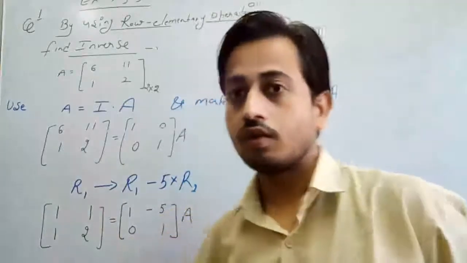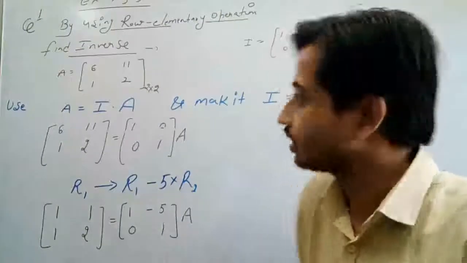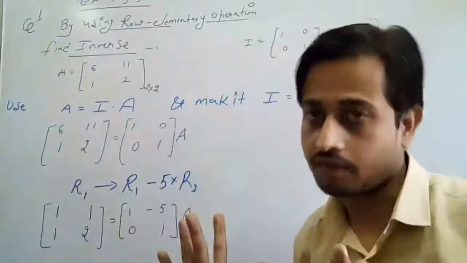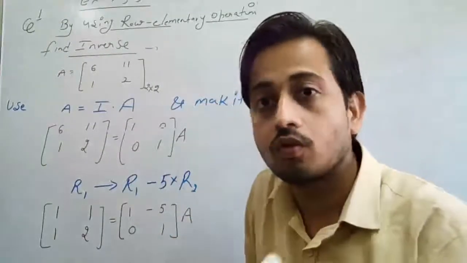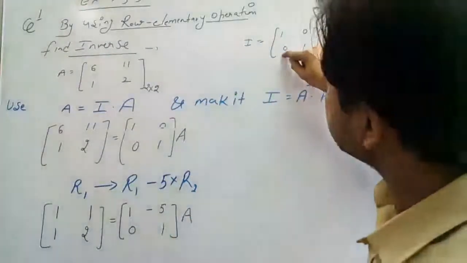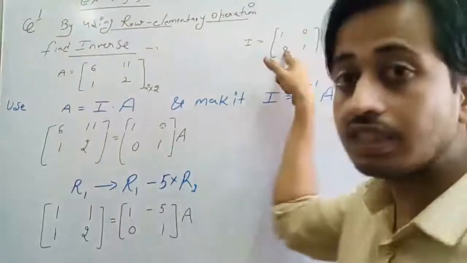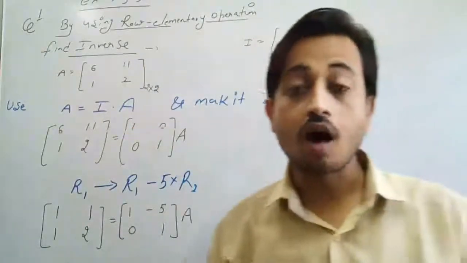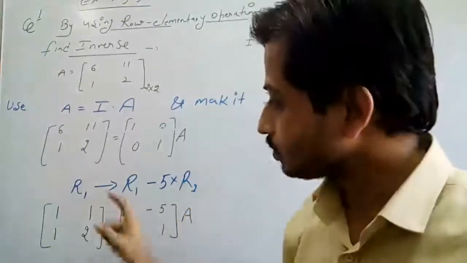Now what do we have to do? Now we have to make our second element, because in the first place we got 1. It's very good. Now to make the second element, in this place we have to make it 0, and also in this place we have to make 0. Then how do we get 0? Please make a note.